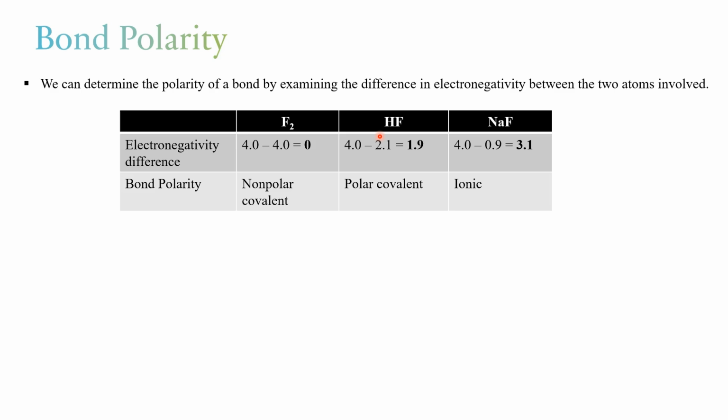So there is some charge separation in this HF molecule; we call it polar covalent. Next one, sodium fluoride. Sodium is 0.9, fluorine is 4. So 4 minus 0.9 is 3.1. This is no longer covalent, this is ionic. Covalent means electron sharing, ionic means electron transfer, from metal to non-metal.